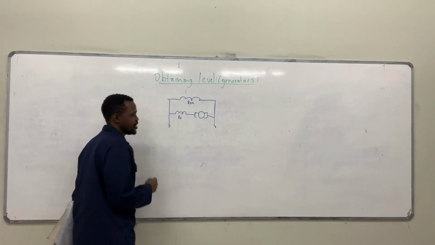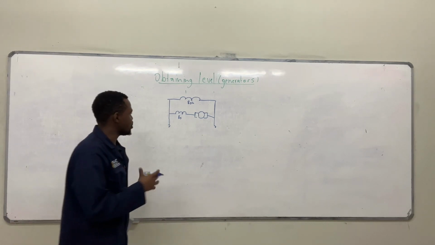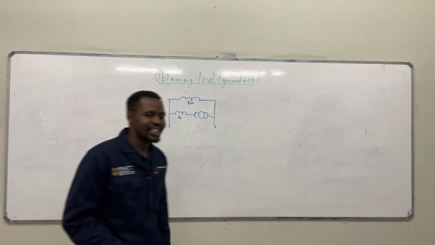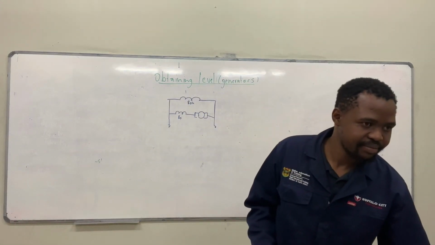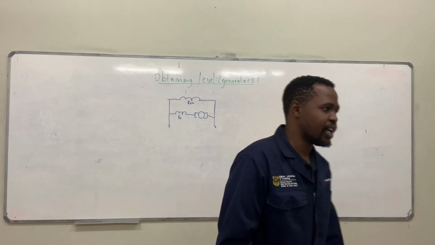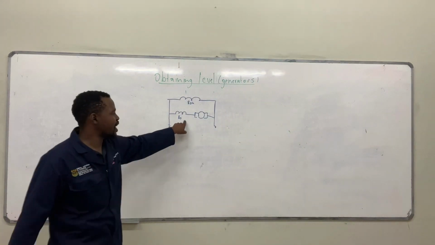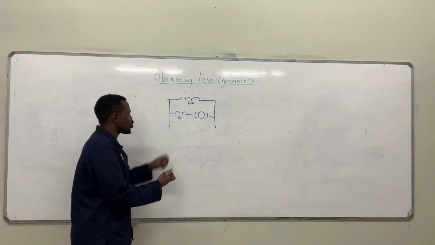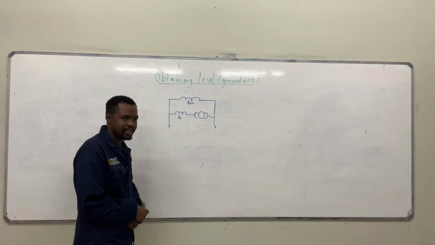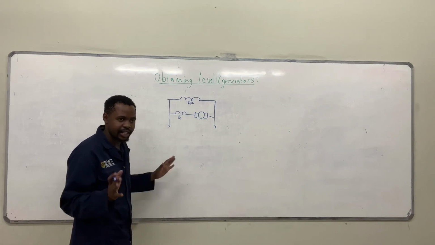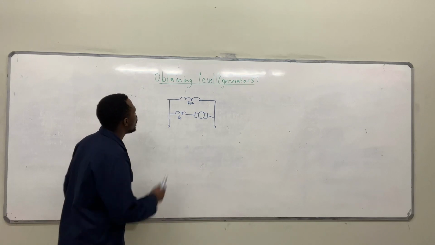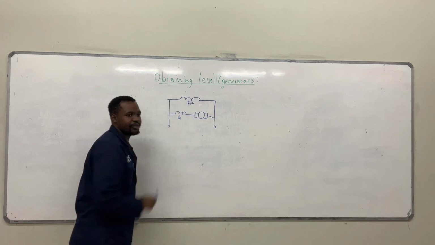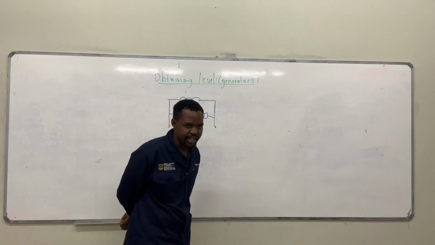We have the shunt field winding and the series field winding in the DC compound generator. There are 3 conditions which might exist. The series field winding can be stronger than the shunt, or the shunt field winding can be stronger than the series.